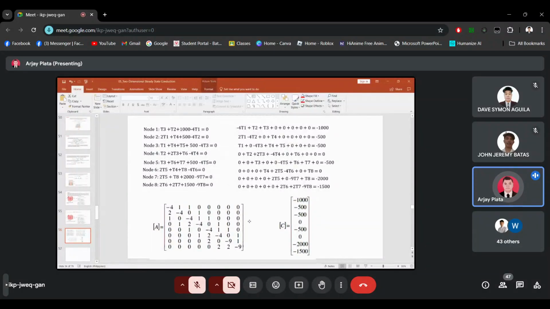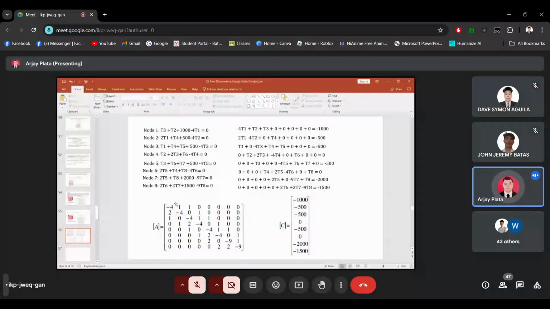In an instant, we can create a matrix. So we have negative 4, 1, 1, negative 1000. Okay, so 2, negative 4, 0, 1, and the rest are 0, and then we have negative 500. Okay, so 1, 0, negative 4, 1, 1, 0.